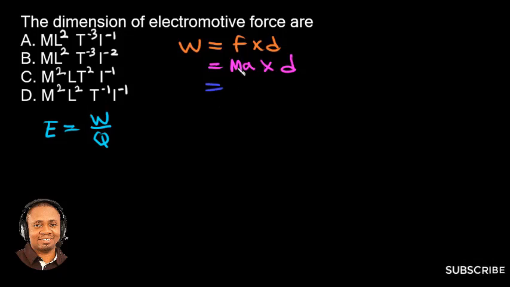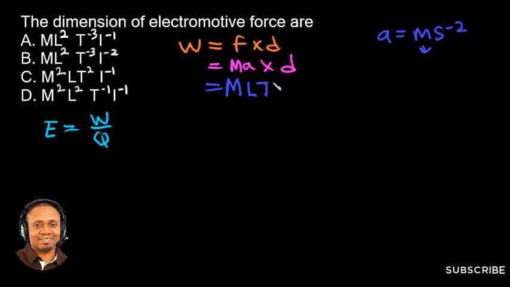All right, then for the mass, the dimension for mass is M. Then acceleration will still be broken down. Remember that the unit for acceleration is meter per second square. Okay, so the meter will be represented in dimension with L, while the unit seconds will be represented by T in dimension.